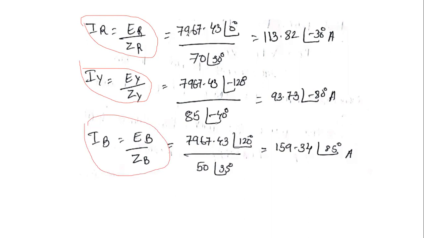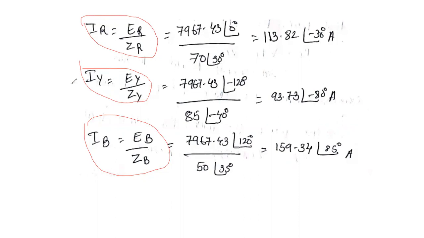Therefore, for IR, ER is equal to 7967.43 at an angle of 0 degrees, divided by ZR. What is the ZR value? ZR is equal to 70 at an angle of 30 degrees.